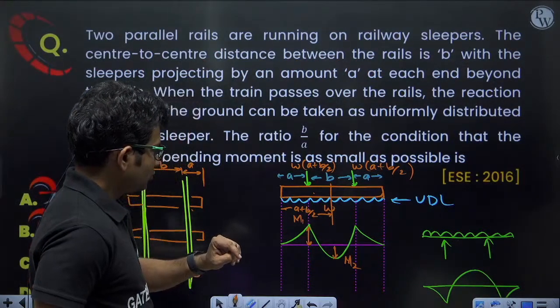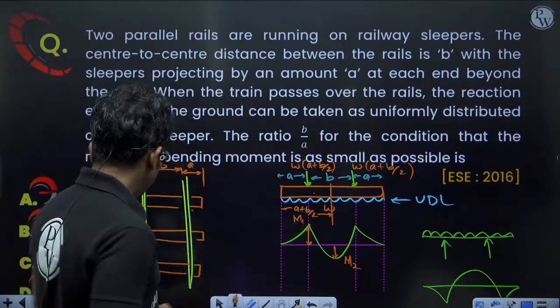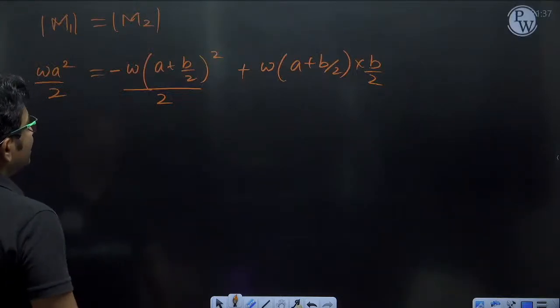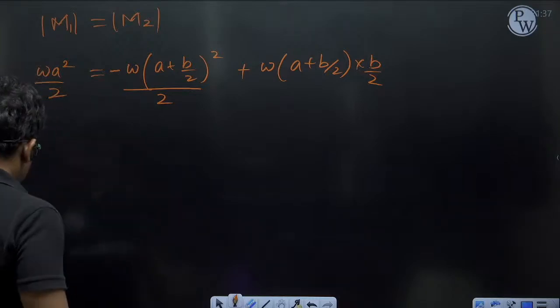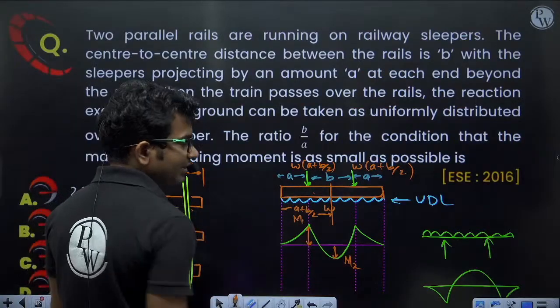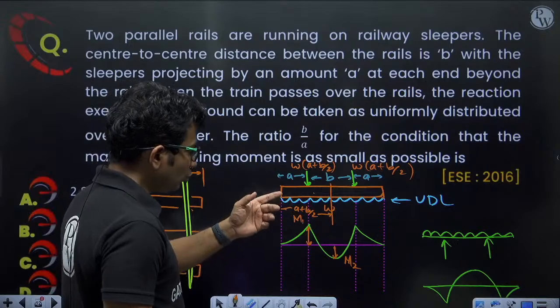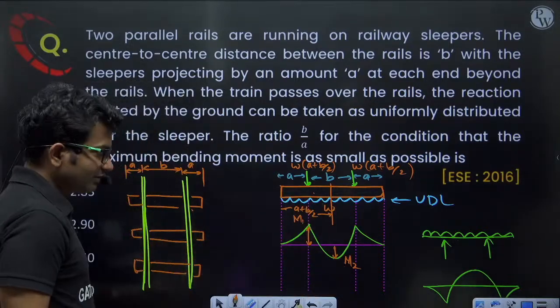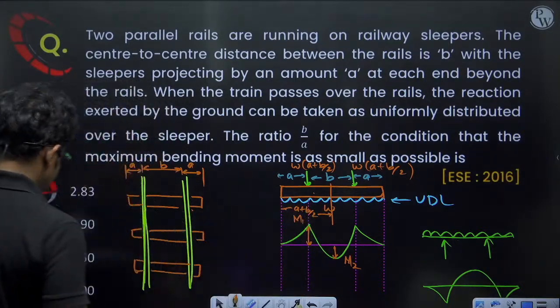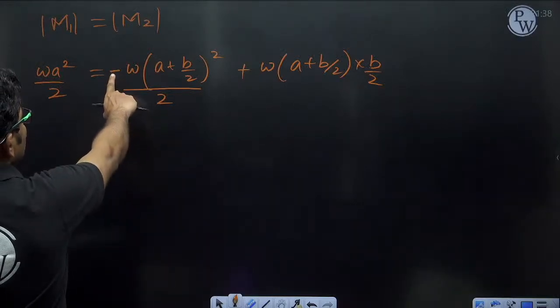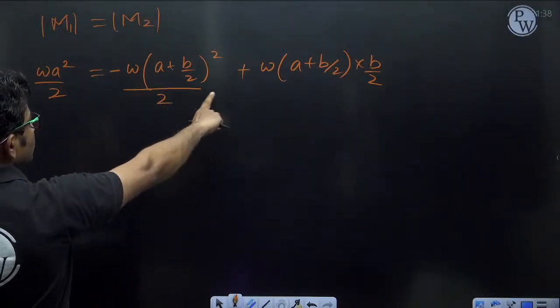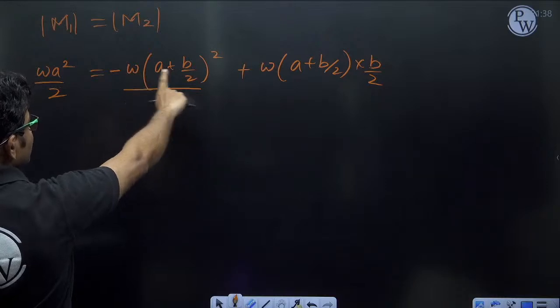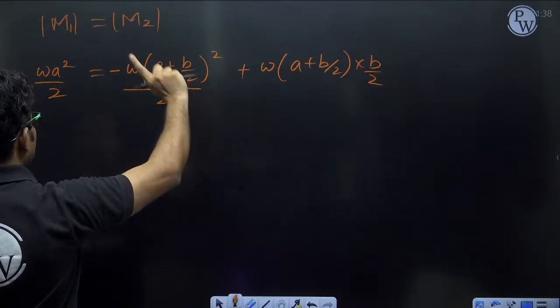So the final answer is negative. We have to change the sign because we are taking magnitude. Because of UDL I am actually getting positive, but I have to take negative because overall the answer is negative, so I have to change the sign of this. So minus w((a+b)/2)² by 2 is because of UDL and this is because of the point load.